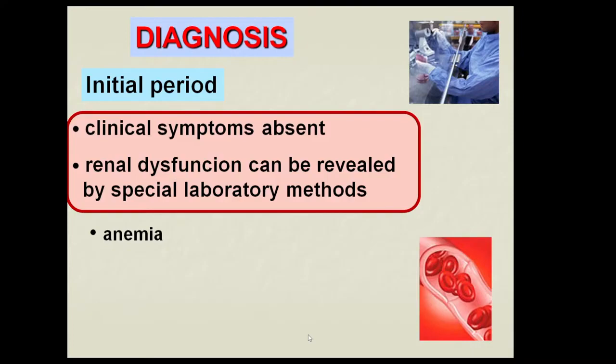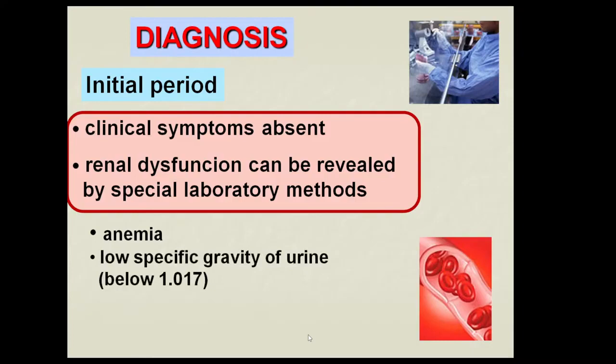Anemia may be an initial sign of renal dysfunction because you remember the activity of the kidney in hematopoiesis, erythropoietin. We can pay attention to the low specific gravity of urine, which is below 1.017 in repeated analysis.